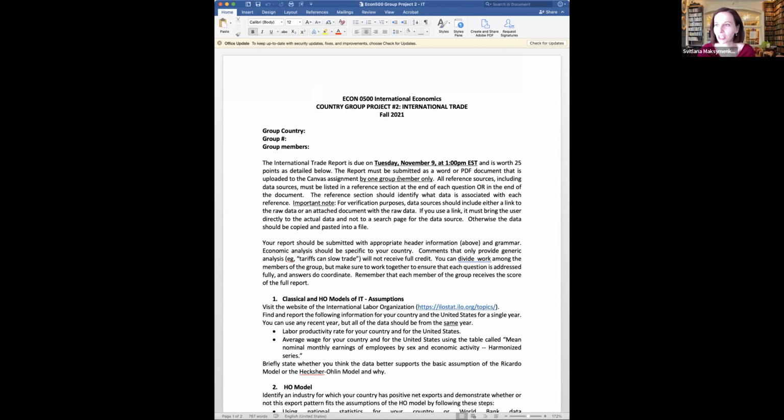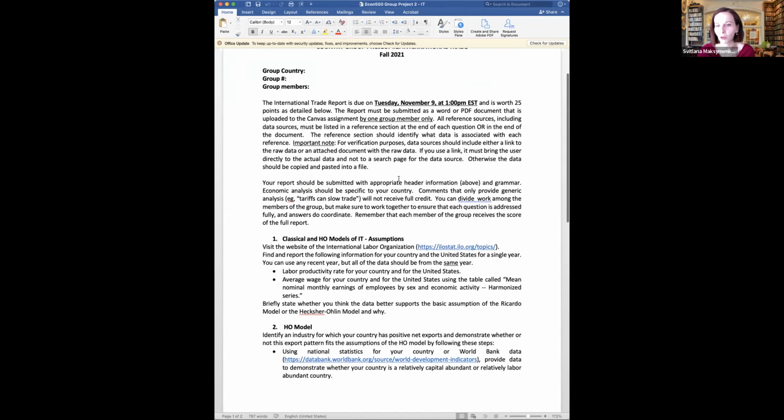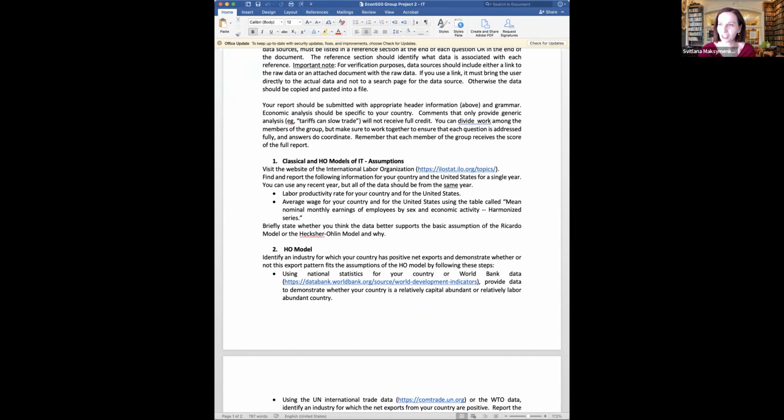It's group project number 2 as part of my course. This particular project allows students to dive into the international trade data. Students visit the site of the International Labor Organization and find data about the labor force of the particular country, labor productivity, and average wages in the country reported in local currency and US dollars.